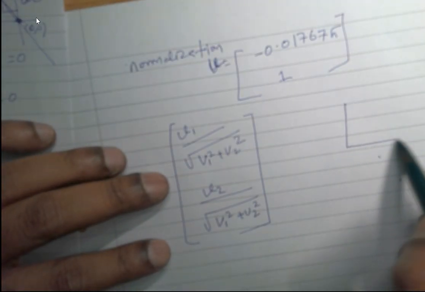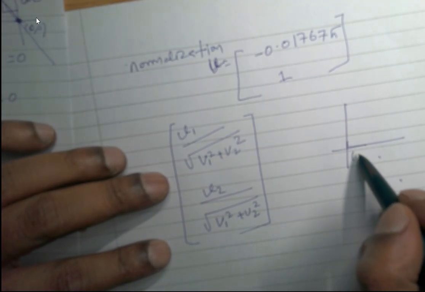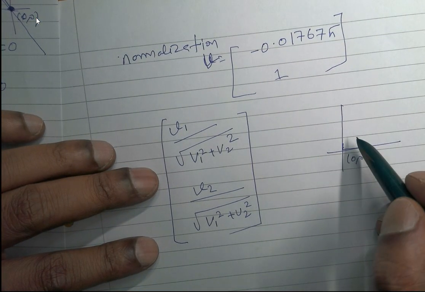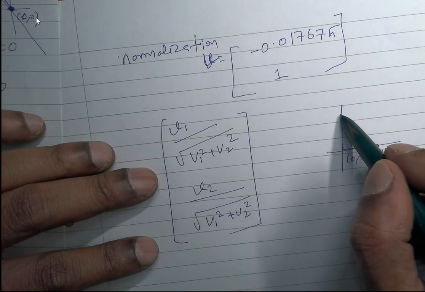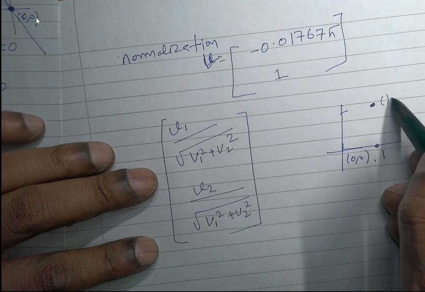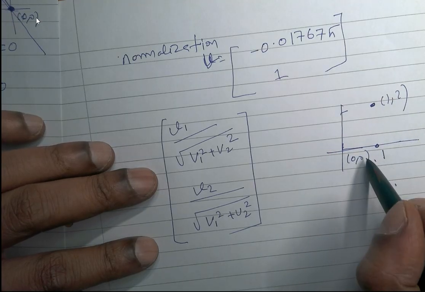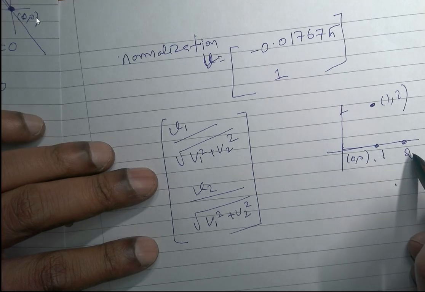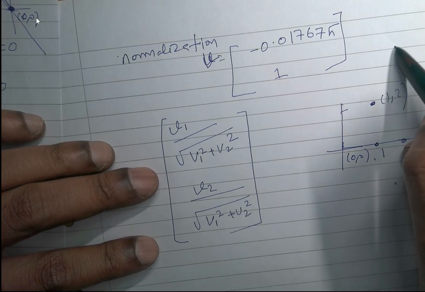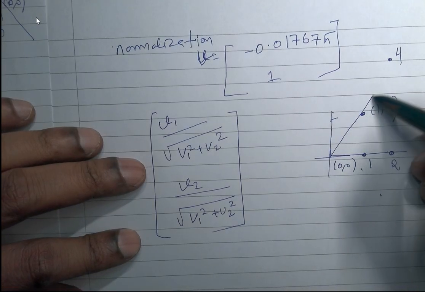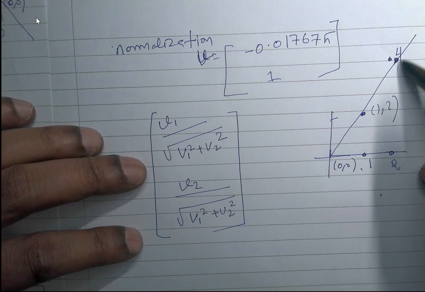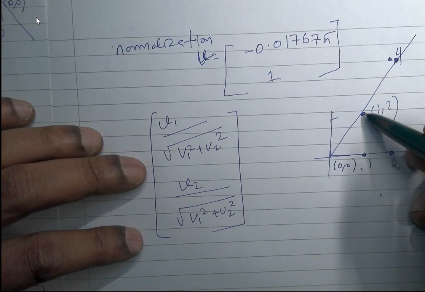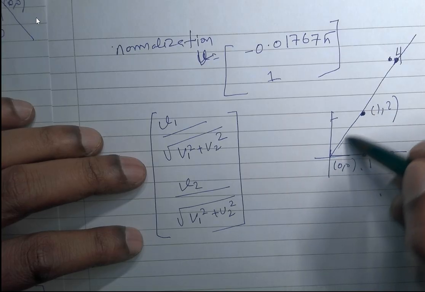Say that's our origin 0 comma 0, and let's say if I put v1 equal to 1 and I get v2 equal to say 2, that will be somewhere around here, 1 comma 2. If I put v1 equal to 2, then v2 I may get 4. So if you draw a line, it will be around here. What it says is, no matter whatever points you assume, you get these 2 points, which allows you to get the vector.